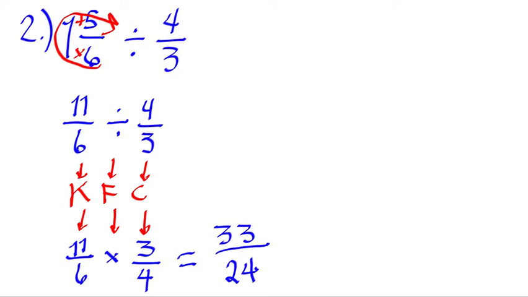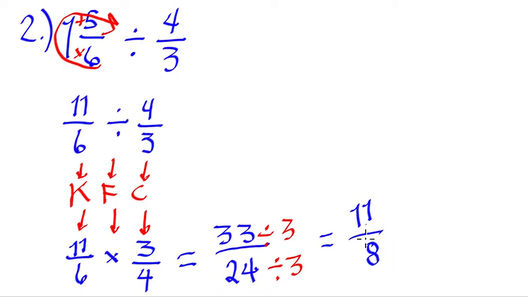Let's try to check. 3 plus 3 is 6, so 33 is divisible by 3. 2 plus 4 is also 6, so 24 is also divisible by 3. That's their GCD, 3. Let's divide the numerator by 3 and the denominator by 3. 33 divided by 3 is 11, and 24 divided by 3 is 8.